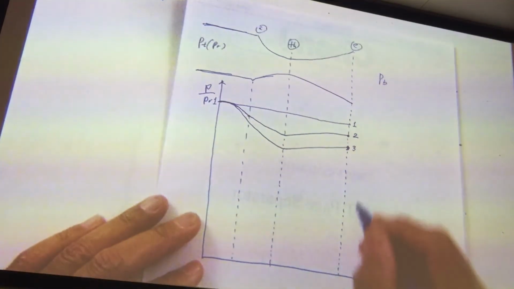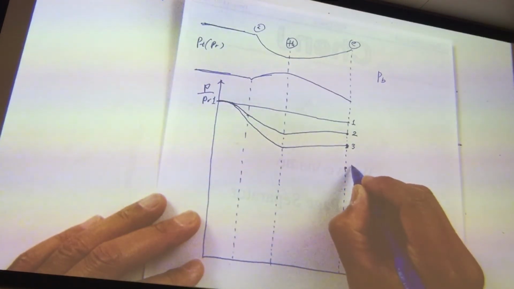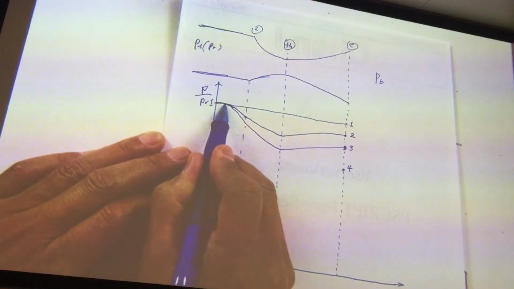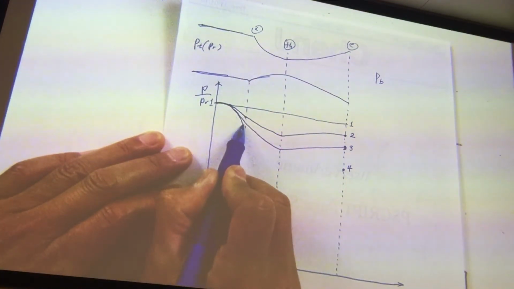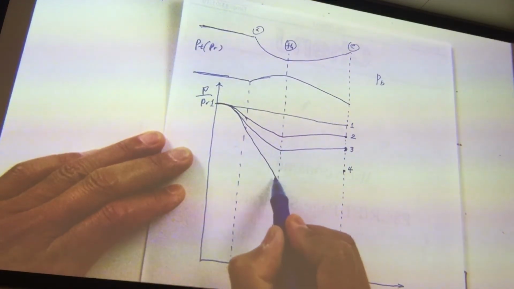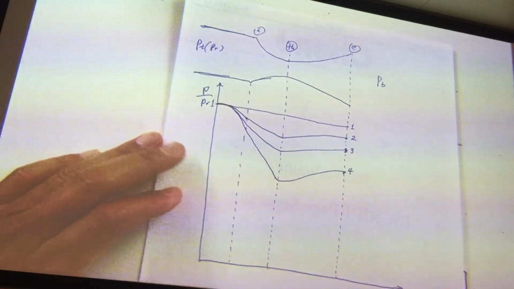Now, say, okay, I further reduce it to condition 4. Then I will have a decrease to 4, and then it recovers back.